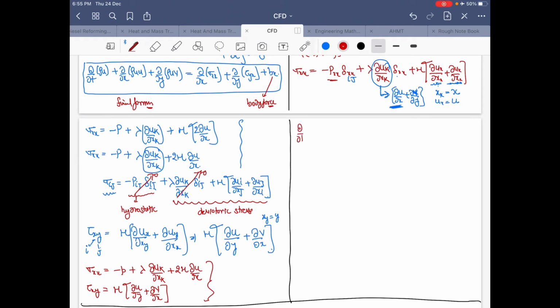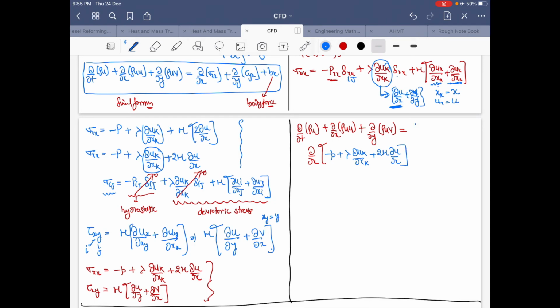I will have del by del t of rho u plus del by del x of rho u squared plus del by del y of rho u v equal to, so I will start writing here del by del x, and what is my term? I will write in blue: minus p plus lambda, the second coefficient of viscosity, del u_k by del x_k plus 2 mu del u by del x.